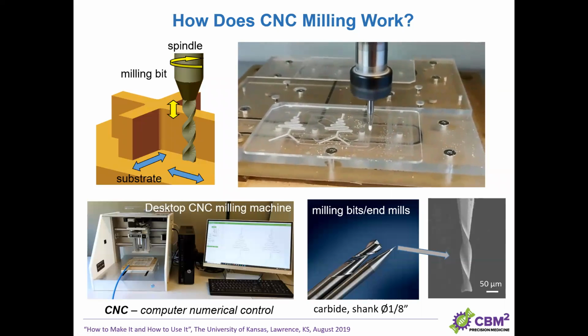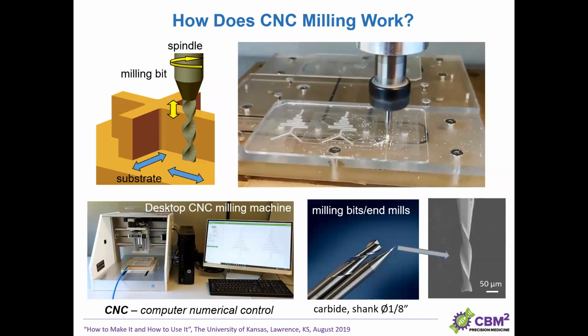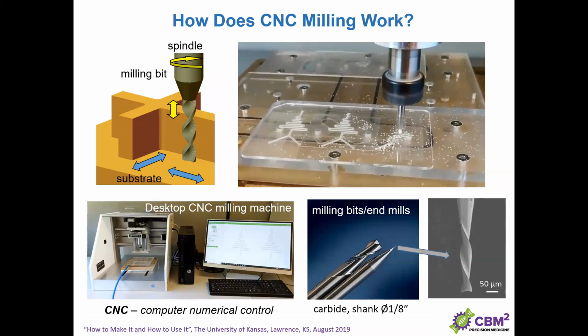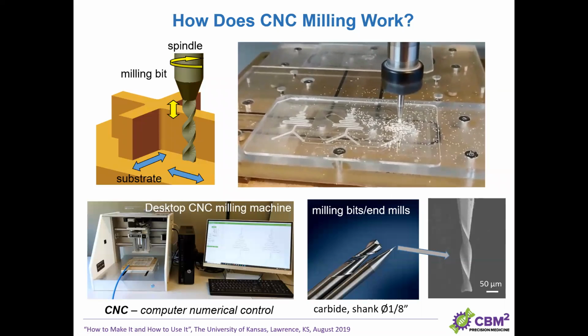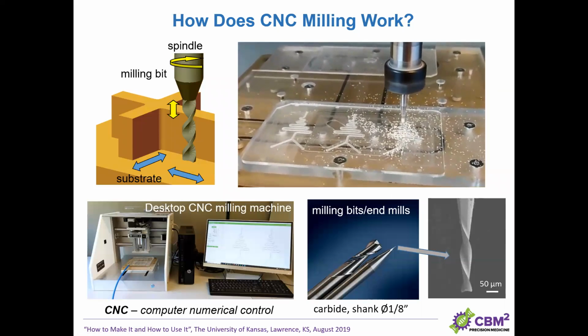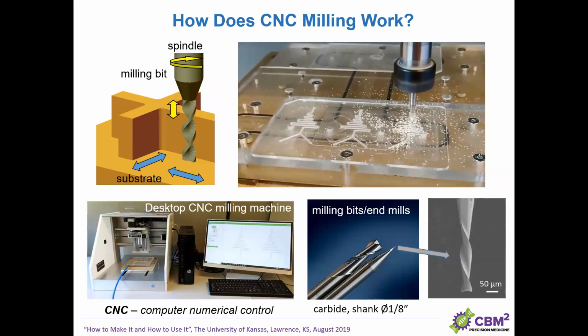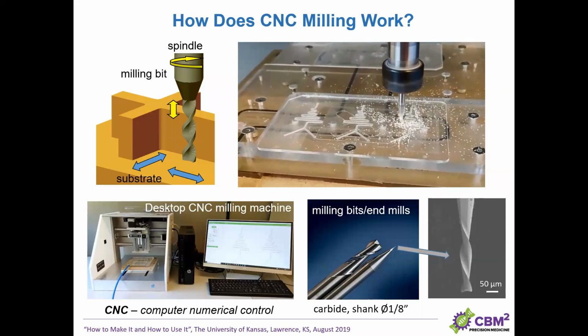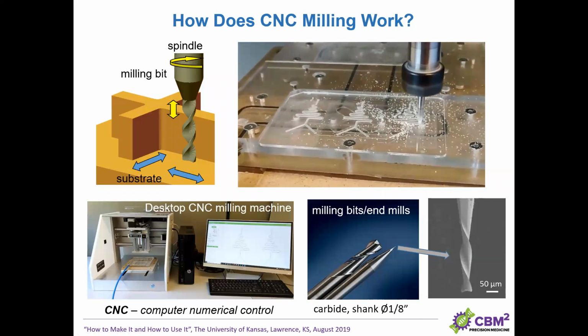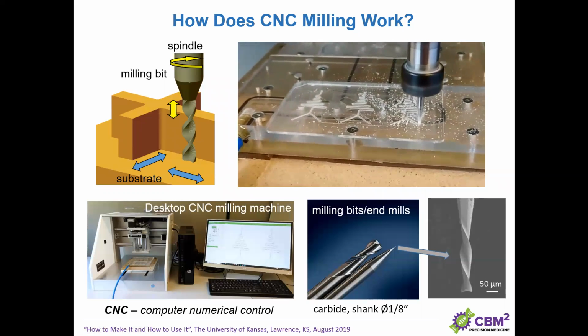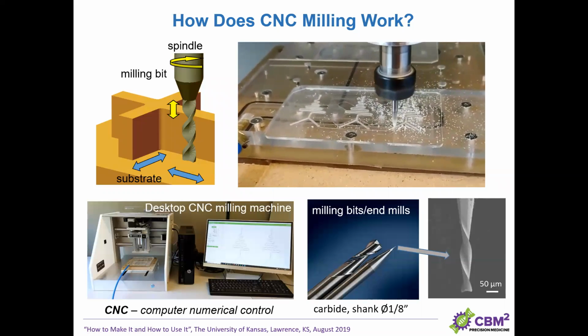The tool directly follows the path that's set up in the software, and you can form different microchannels or different types of structures. And just as an example, this is a desktop CNC milling machine, a relatively low cost unit, and two examples of milling bits that are very common.